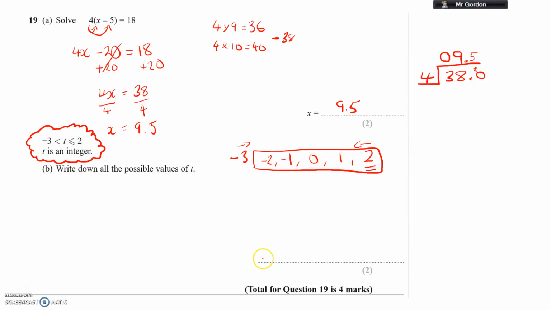So it can be -2, -1, 0, 1, or 2. Those are the values of t. If you put any of those values of t, those 5 options, into there, it makes sense. If you chose 0, 0 is greater than -3, but it's less than or equal to 2. So that's as simple as it gets for those inequality questions. Nice, easy 2 marks there.